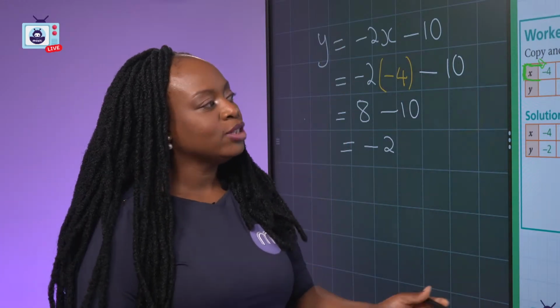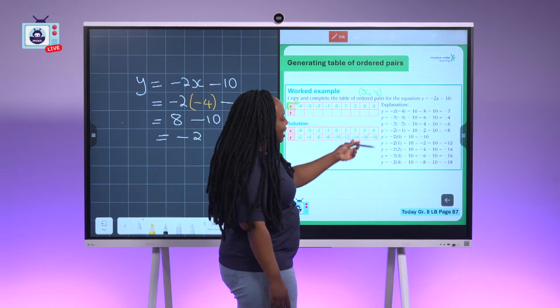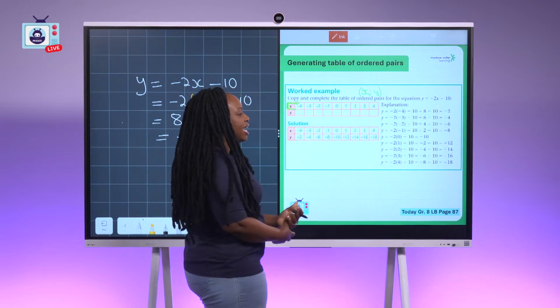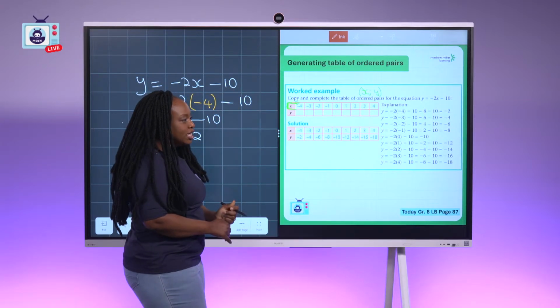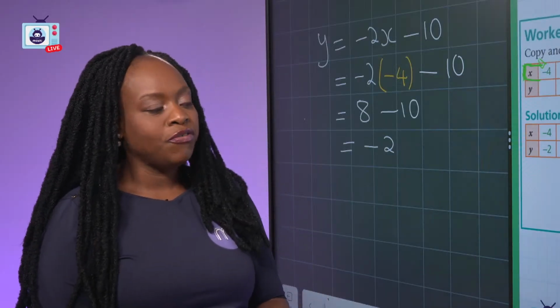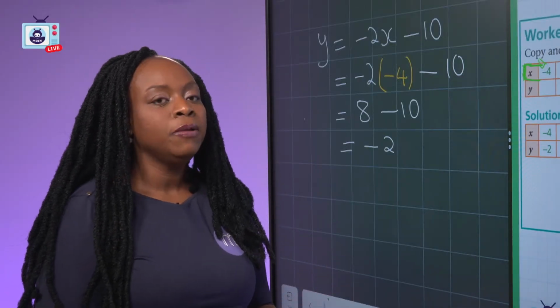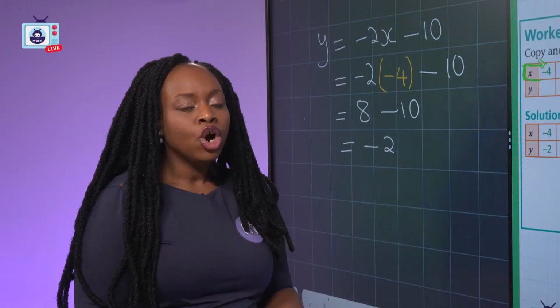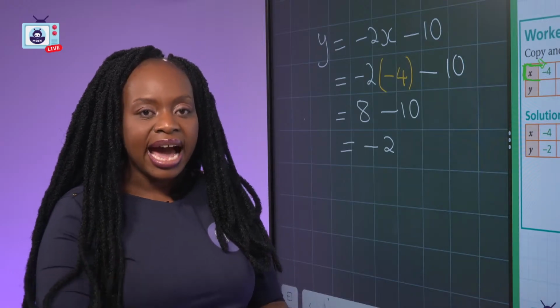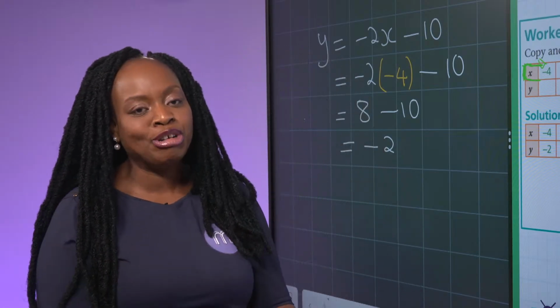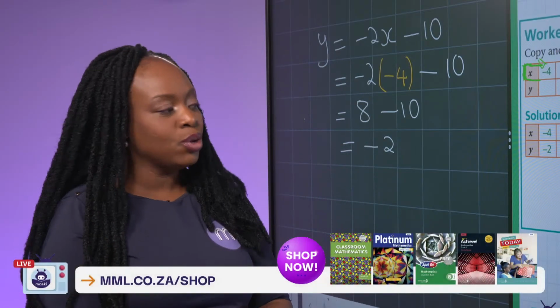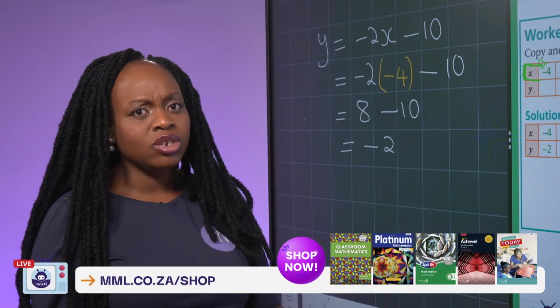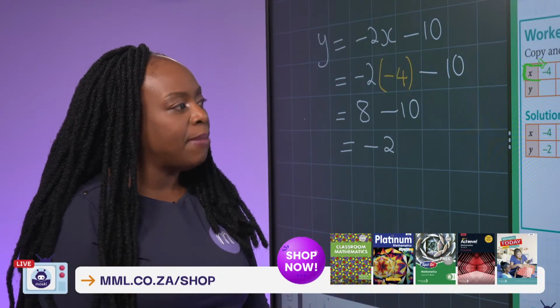I need you to just look at this for a few minutes. If you have the book with you, you can use it. If you don't, for future reference, you can buy it online, as a PDF or as a hard copy from any bookshop, or shop for it on our MML space.